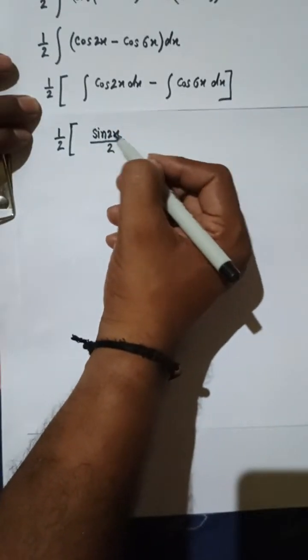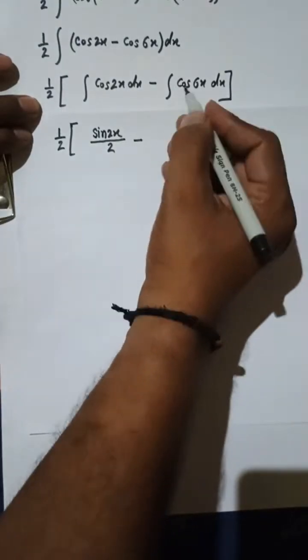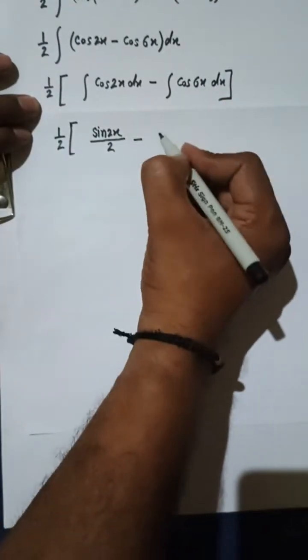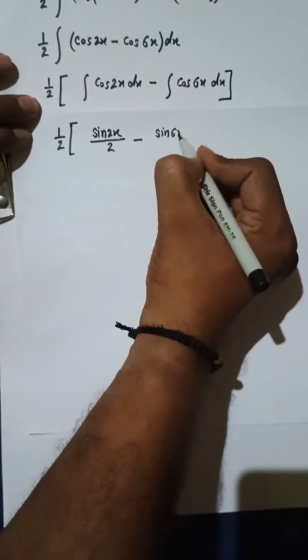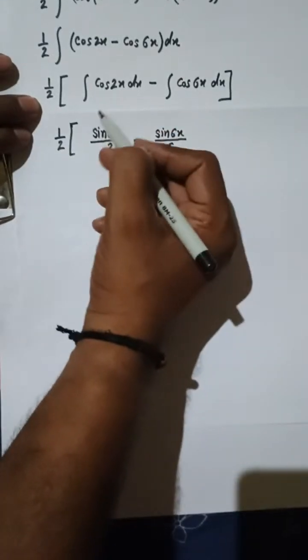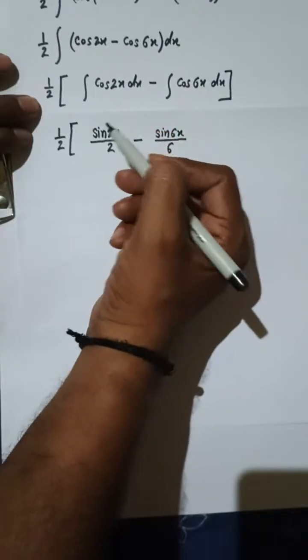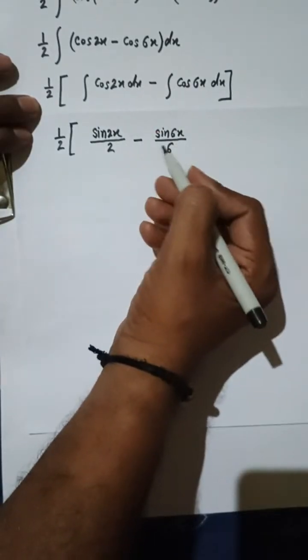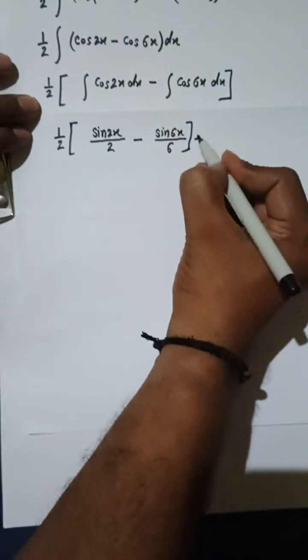So here sine 2x by 2 is the integration of this part, minus the integration of cos 6x, which is sine 6x by 6. No need to write negative because we know that the integration of cos x into dx is sin x. So that's why I have written here, and then I add one constant, plus c.